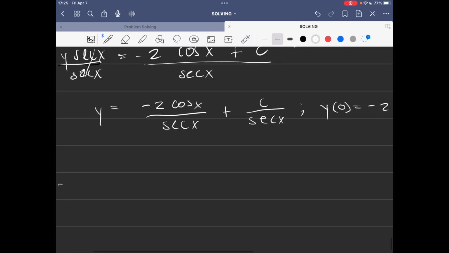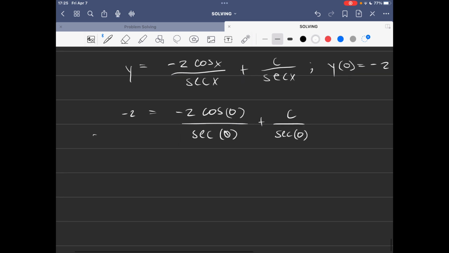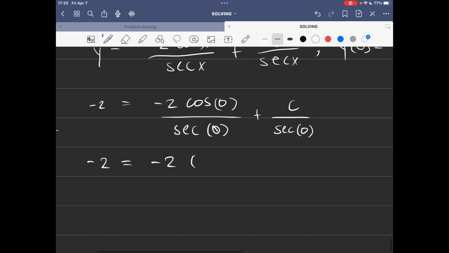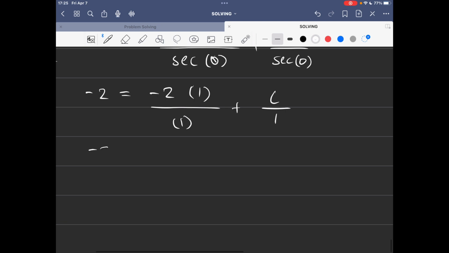Then we substitute: negative 2 is equal to negative 2 cos of 0, which is 1, over secant of 0, which is 1, plus c over 1.